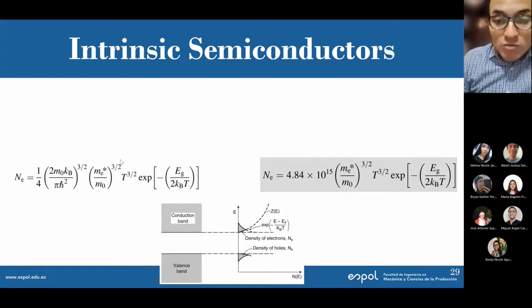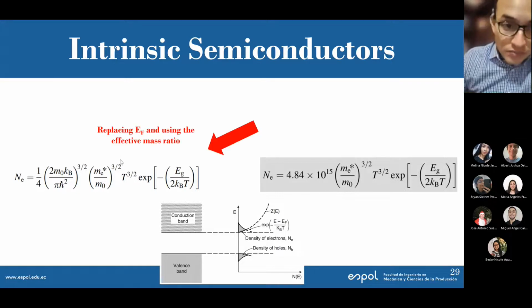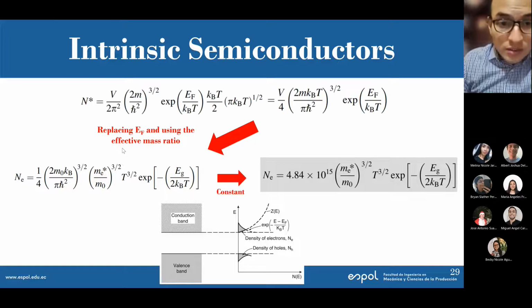So we can replace the Fermi energy with the value of the Fermi energy in an intrinsic semiconductor, that is half of the band gap energy, right?